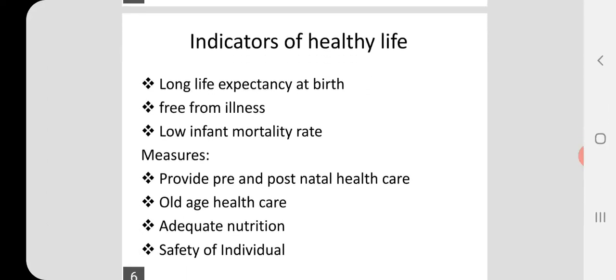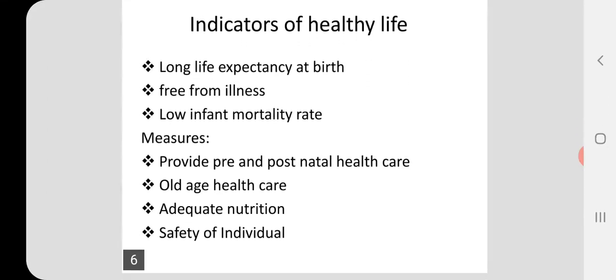Next is the indicators of healthy life. Which are the indicators of healthy life? First of all is long life expectancy at birth. If the life expectancy at birth of people of a state is high, it indicates the healthy life of that particular state.